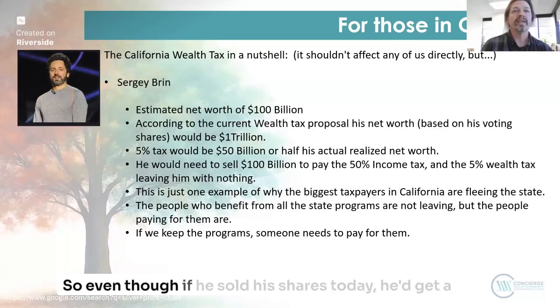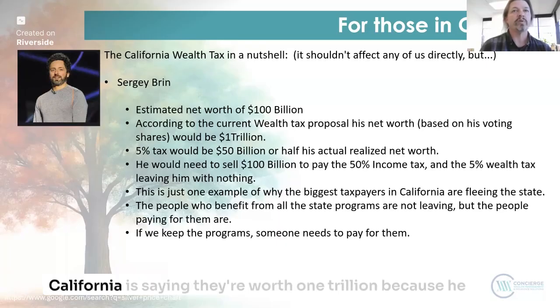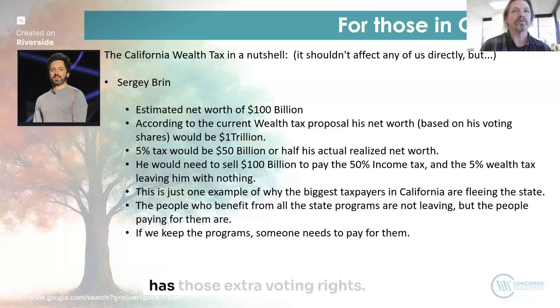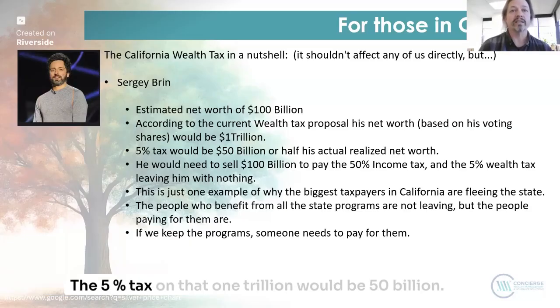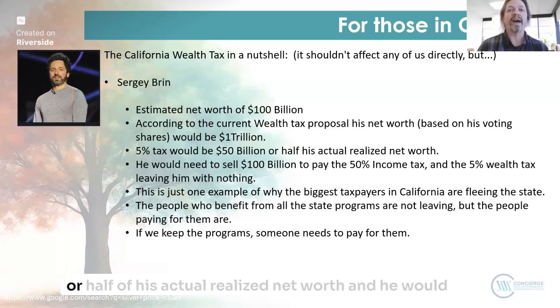So even though if he sold his shares today, he'd get 100 billion, California is saying they're worth 1 trillion because he has those extra voting rights. The 5% tax on that 1 trillion would be 50 billion, or half of his actual realized net worth.